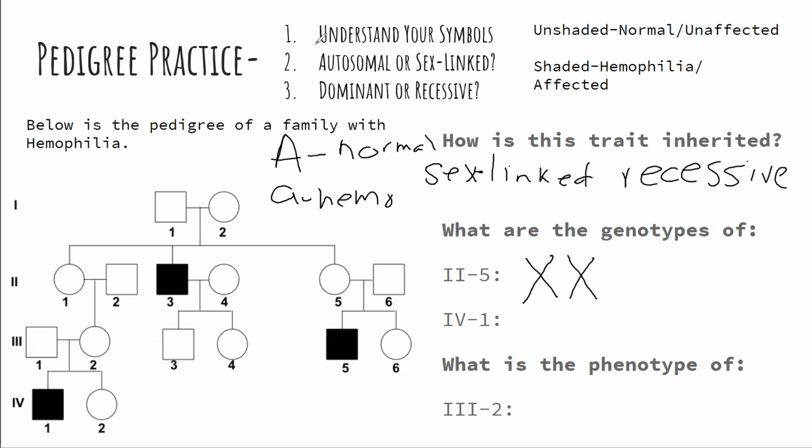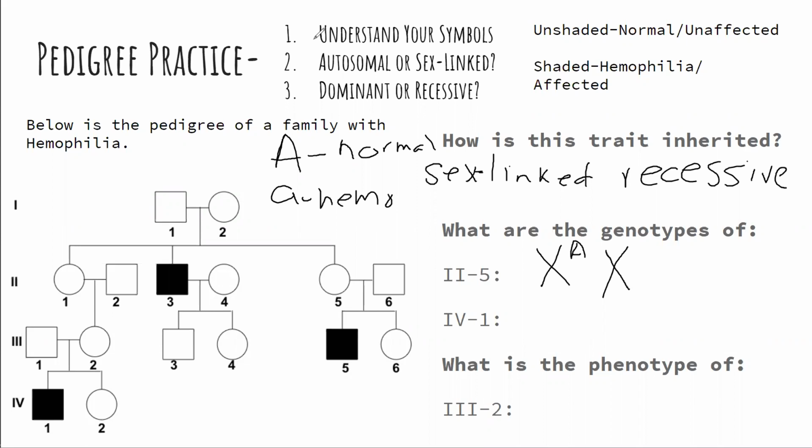She's not affected, so we know that she has at least one capital A. But this is where we look at her kids to see what allele might be on her second X. One of her kids, look at this, is affected.